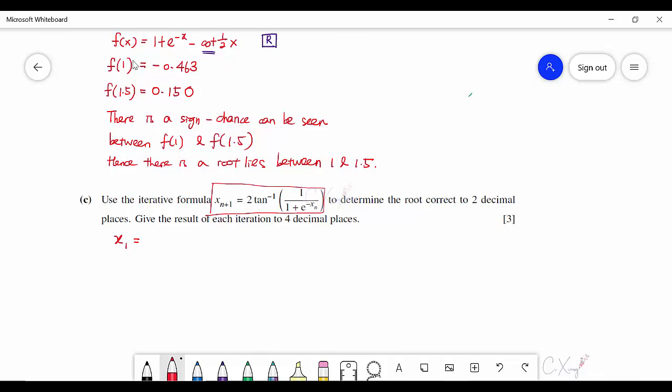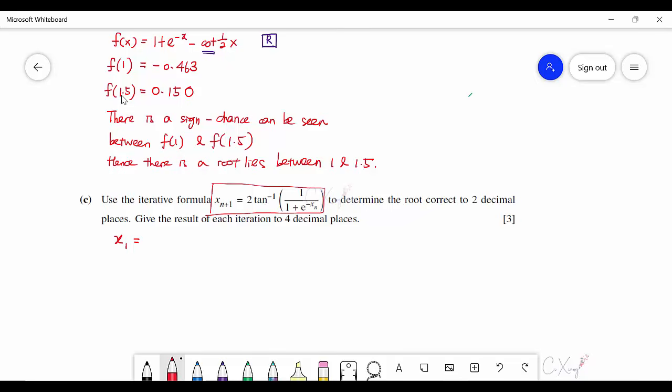You can use the value 1, you can use the value 1.5, or you can choose a value which is closer to the root. So how do I know that the value is closer to the root? You look at the values here. For 0.150 and 0.463, which value is closer to 0? Very obvious, 0.150 is closer to 0, right?